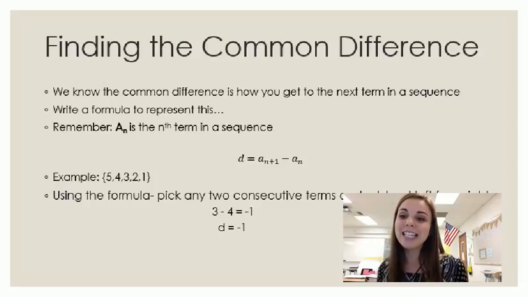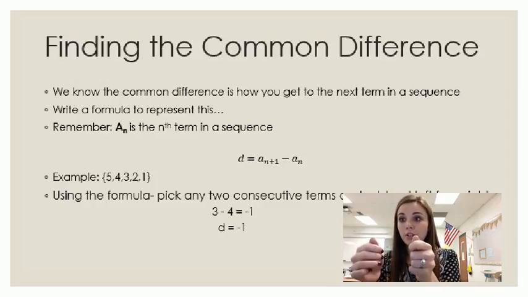So it says that D equals A sub n plus 1 minus A sub n. So don't be overwhelmed by all of those variables and subscripts. If A sub n is one term, A sub n plus 1 is just the next term. So if A sub n is the second term, A sub n plus 1 would be the third term. It's just the next term in the sequence.